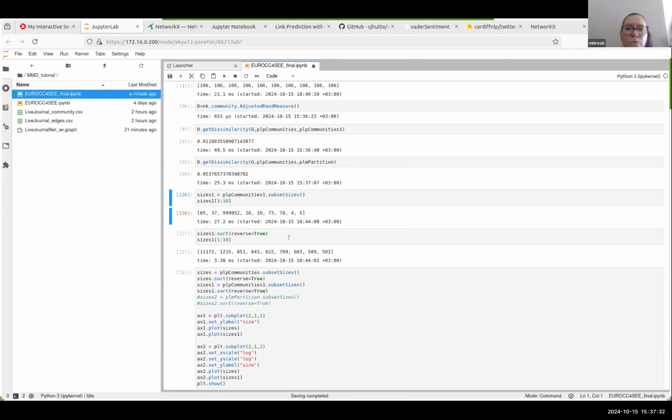What I can tell you right away is that while we use these ground truth communities as information to test our algorithms and how good they are, ground truth communities don't have to be related to the community structure of the network, because the community structure of the network is something that we get as a consequence of dynamics in that network.